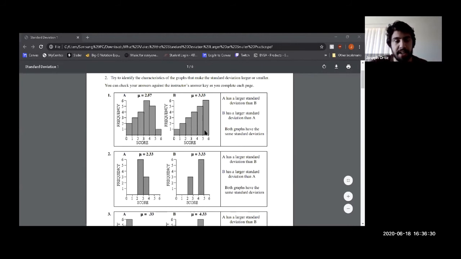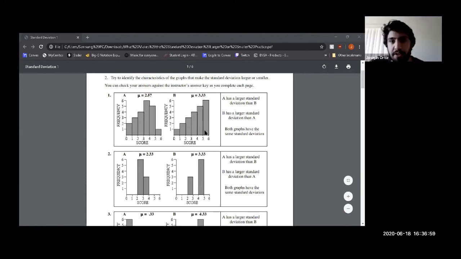If you had to guess, which one do you think has a bigger standard deviation? A, because A is not as symmetrical as B. Okay, does anyone else? I was gonna say B, because it's skewed, right? Skewed left, so the distance is more apart.